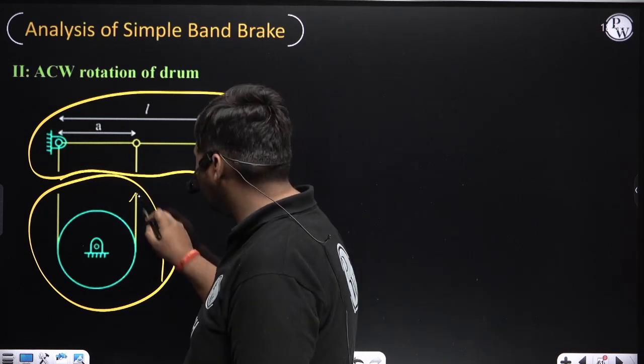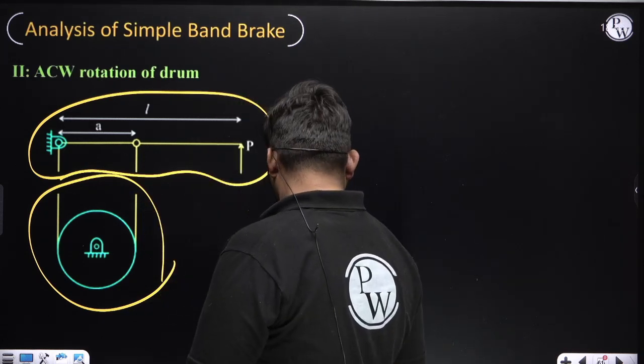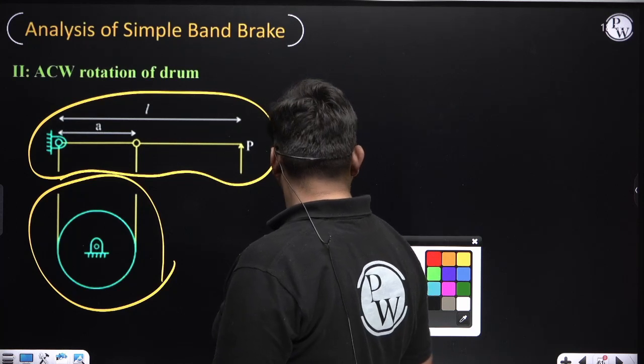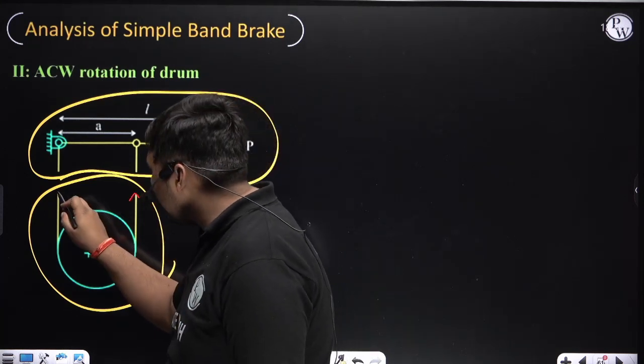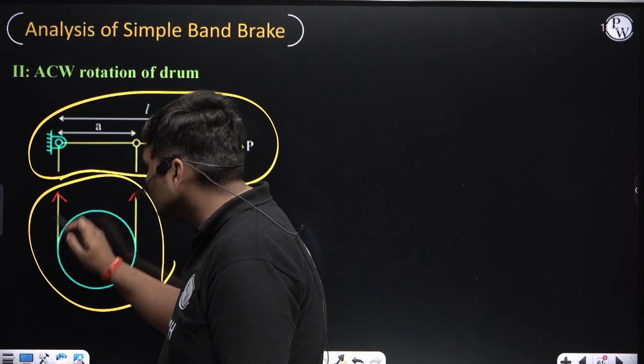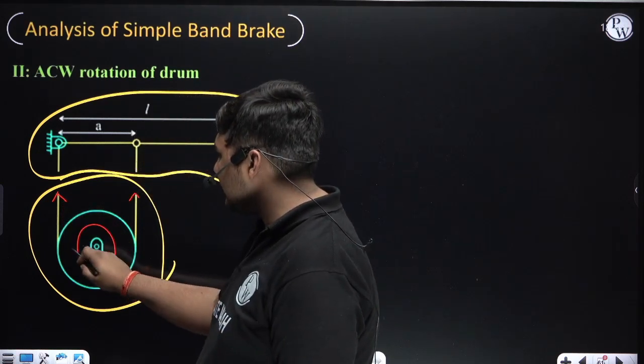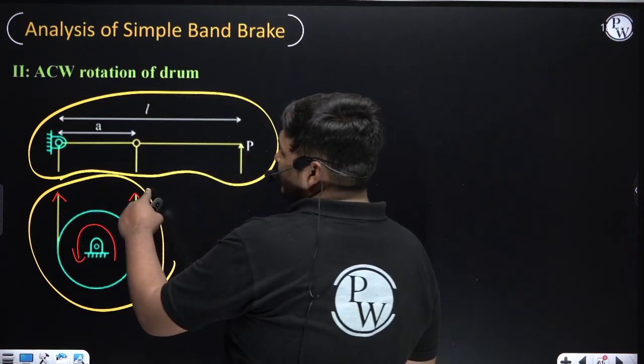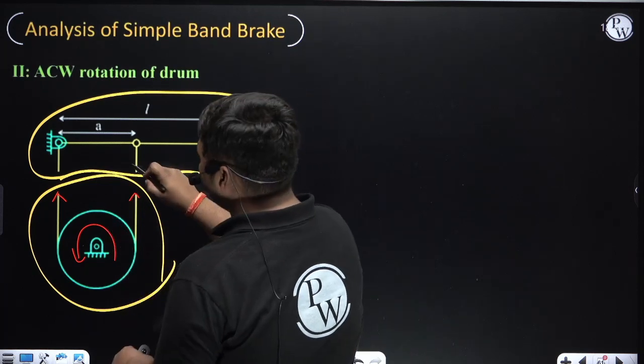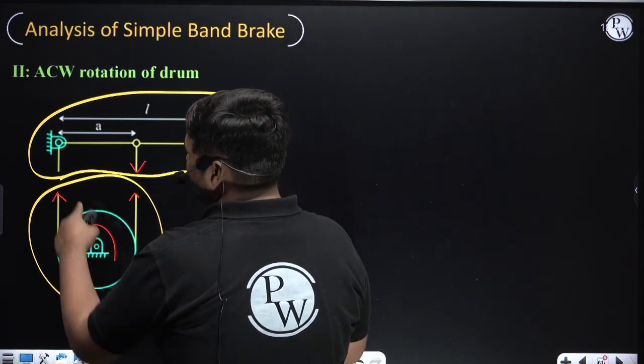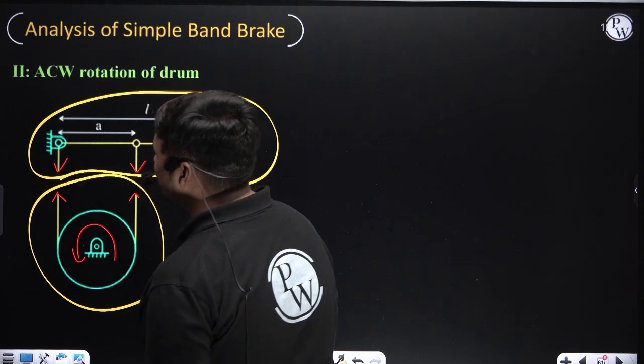It is the tension of this side. Similarly, draw an arrow here which is trying to elongate this band. The drum is rotating anti-clockwise. Whatever tension is coming on this side, the same equal and opposite tension will come here.